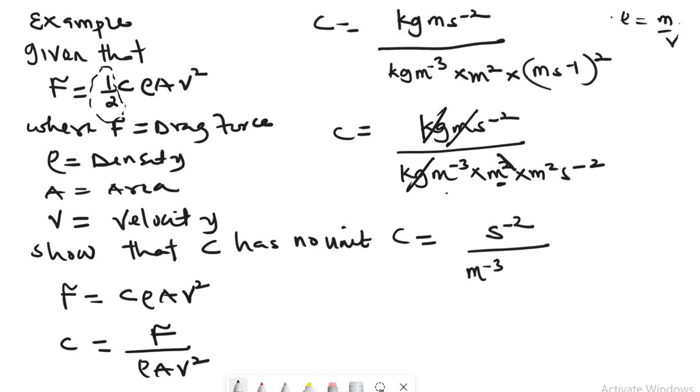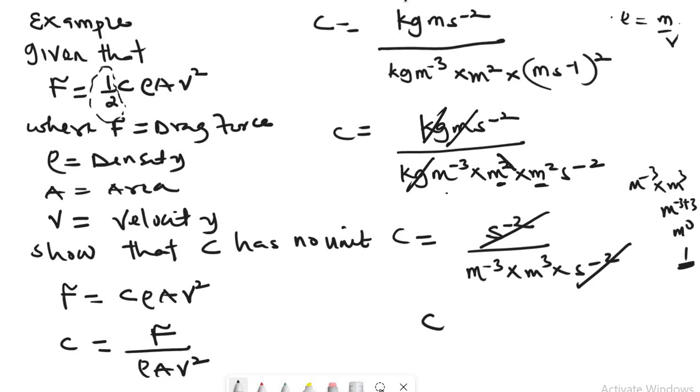This is m times m squared, that's m cubed, and this is s minus 2. s minus 2 cancels s minus 2. m minus 3 times m cubed, that's m minus 3 plus 3, that's m0, that gives us 1. So at the end of the day, this one is out. So no unit.